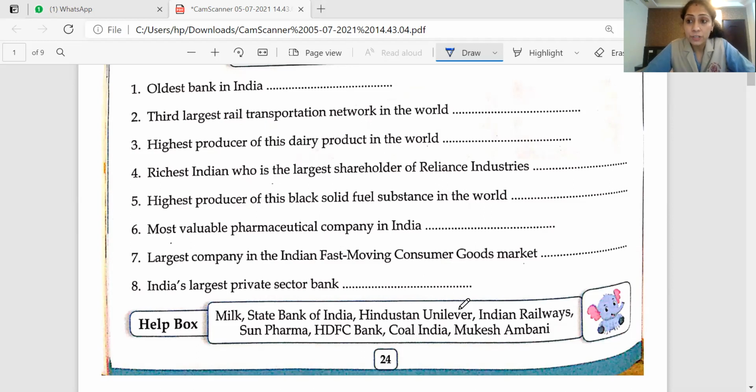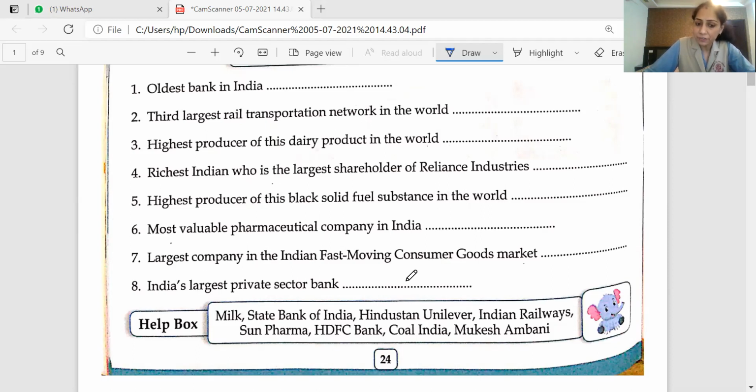This is the company which deals with consumable goods: soap, cosmetics, and many things. Hindustan is a very important brand, very established in the Indian market. So it's a big size company, which is why they have given it as the largest. It's a giant size company.